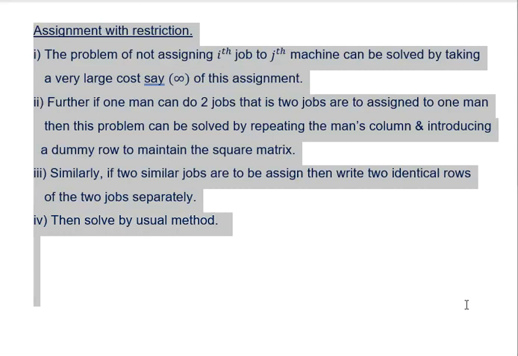So let us see one example of how to solve assignment problems with restrictions.